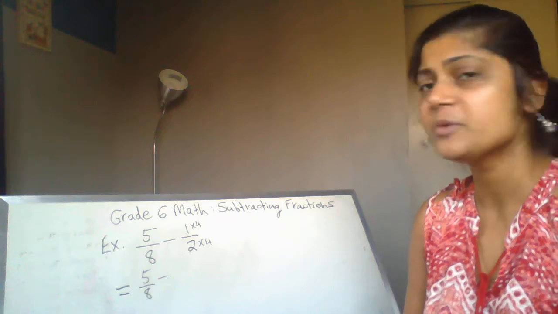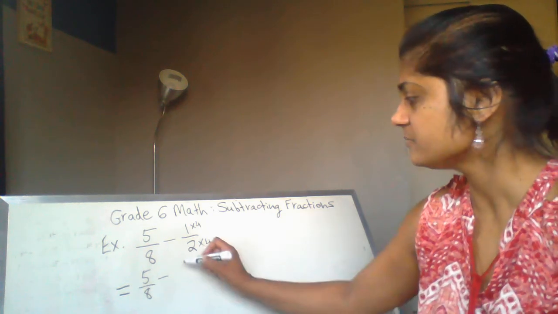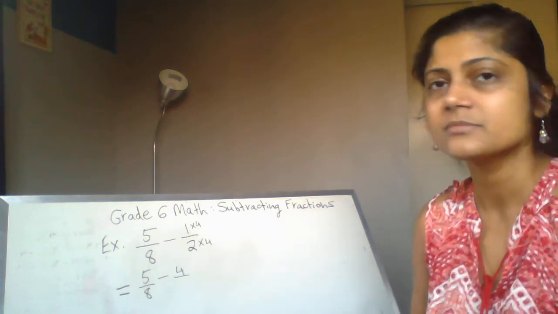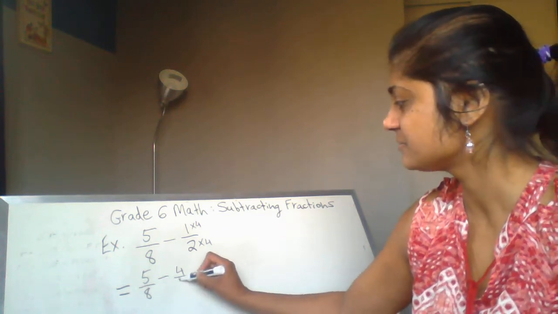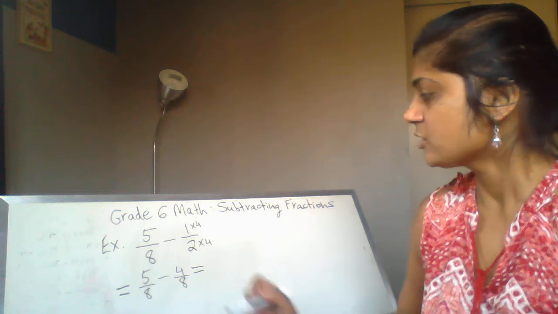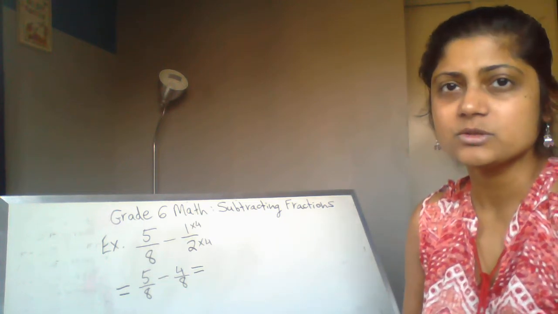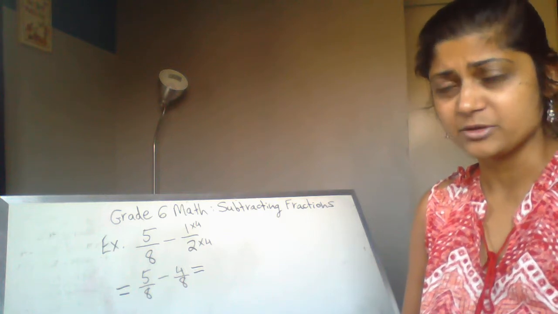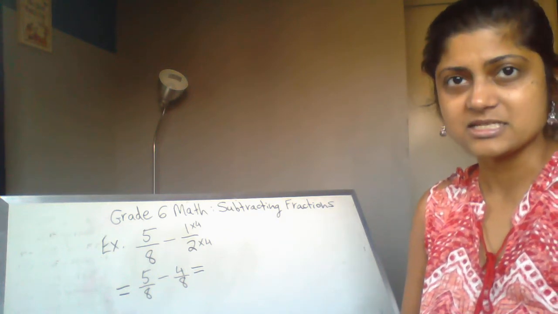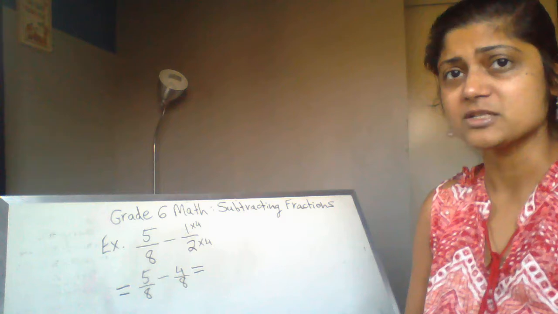The numerator here is going to be 1 times 4, so 4, and the bottom is 2 times 4, which is equal to 8. So in the steps in between, I don't need to reduce anything here, because I just want the same denominator, which I notice is the case here. So I'm going to do 5 minus 4.